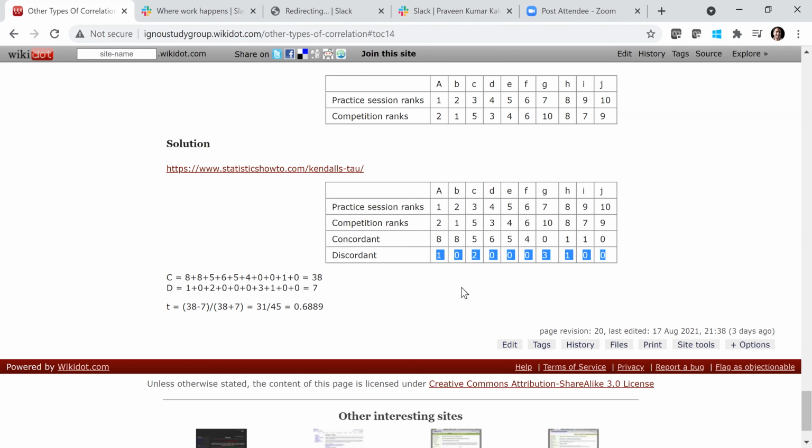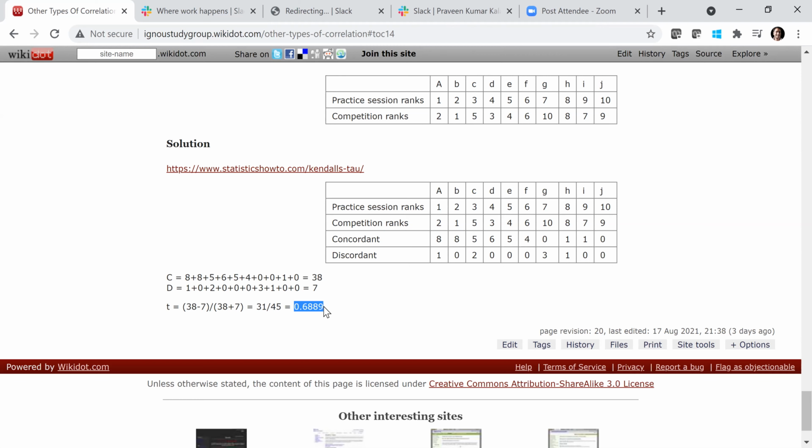So the trickiest part in Kendall's tau is to calculate concordant and discordant. The formula is pretty straightforward. Once you get the result, we know how to interpret it, because the interpretation is the same as Spearman or Pearson. What we are seeing is that it is positively correlated and it has a decent correlation.